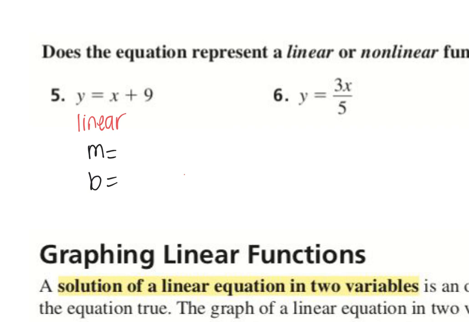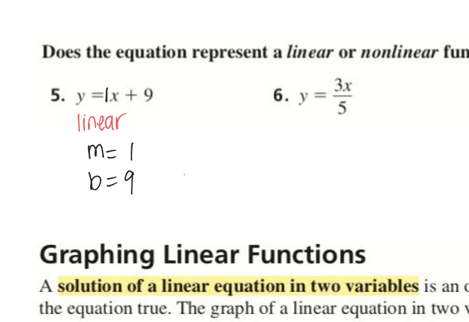Seth? m is 0 and b is 1. I agree with one of these. If m was 0, would we have an x term at all? So what is m, Brooke? 1. Excellent. Do you remember when you just have a variable, what number is automatically in front of it that you don't see? A 1, right? So m is 1.